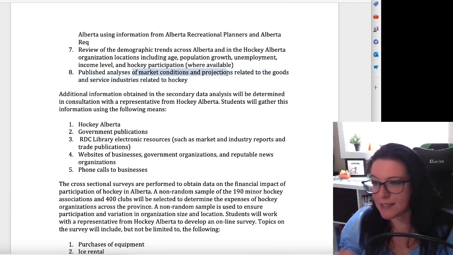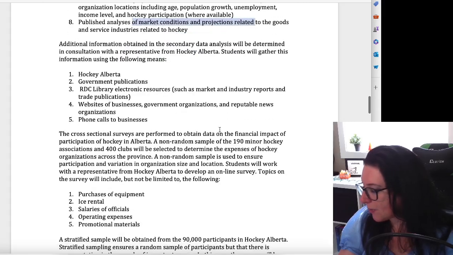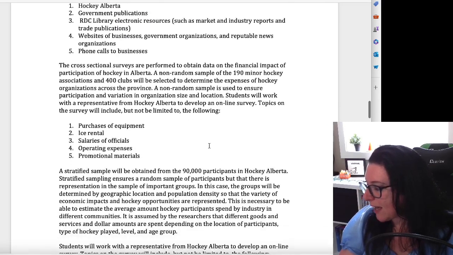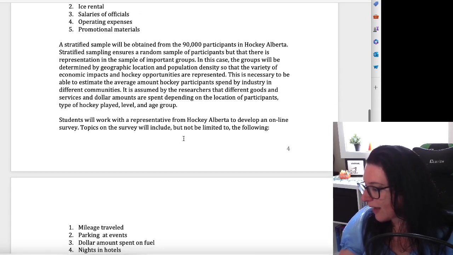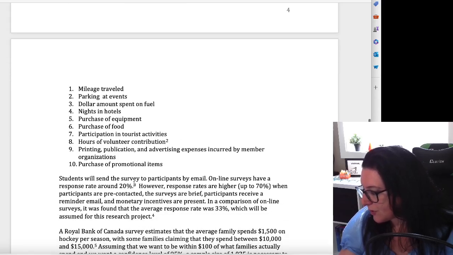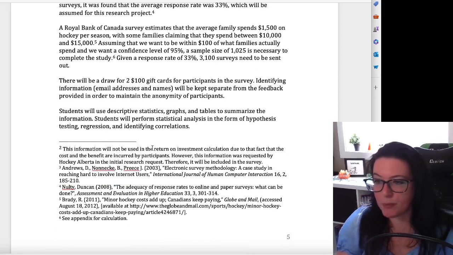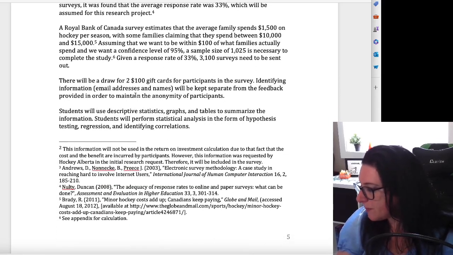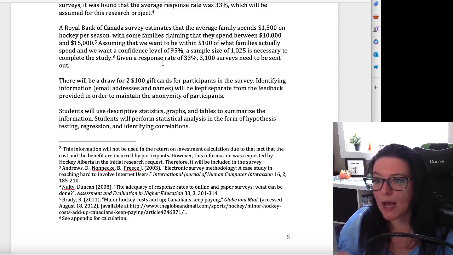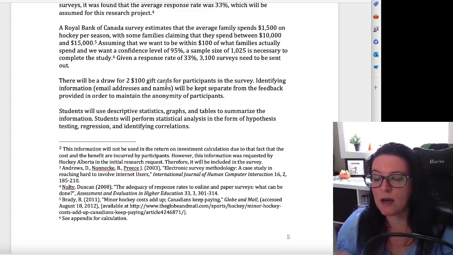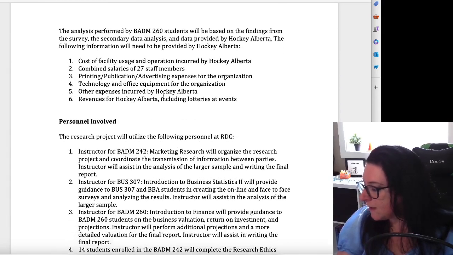So analyzing market conditions and making projections. Here's the type of data we're collecting, and the type of analysis goes with each. So I have it grouped as opposed to separated out because it was a multi-stage process. We'll talk later about how to engage people to participate. This one here, how to draw for gift cards.